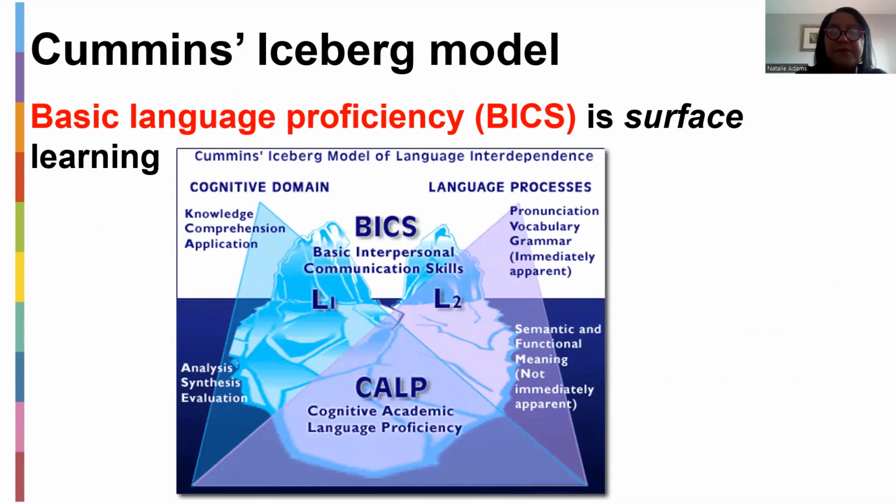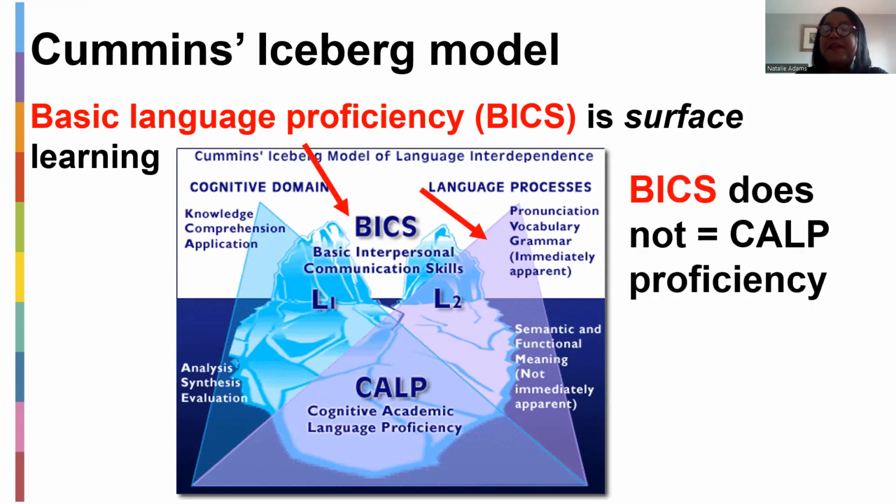So your cognitive domain, when it comes to BICS, which is called basic interpersonal communication skills, you will maybe learn cognitive knowledge, comprehension, application. You will learn language processes, so you will learn pronunciation, vocabulary, grammar, immediately apparent stuff, okay? But BICS does not really give us CALP proficiency.